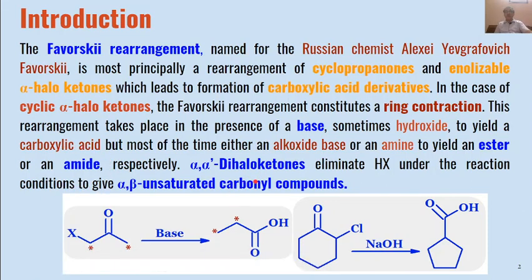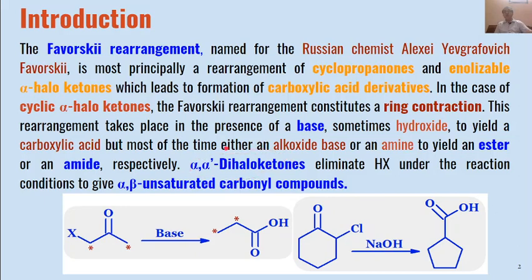Now, for example, if we are having alpha dihaloketones, then HX, depending upon the type of halogen present, will be eliminated to give us alpha beta unsaturated carbonyl compounds. So, depending upon the substrate, we can get the product also.